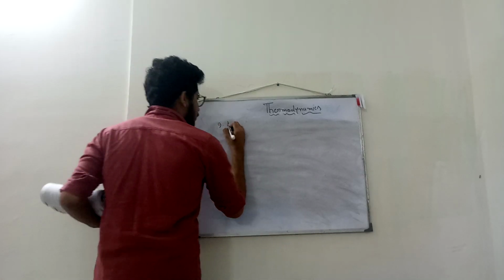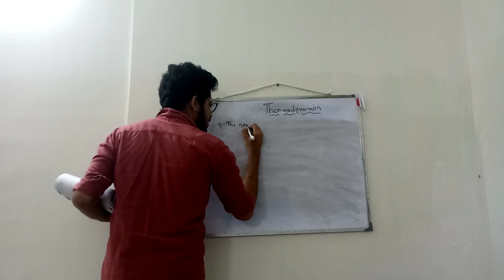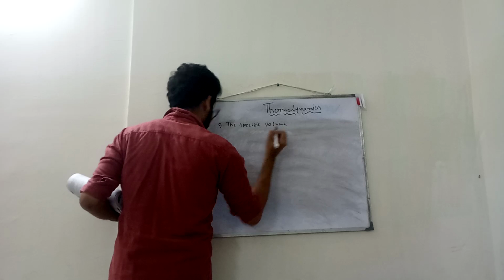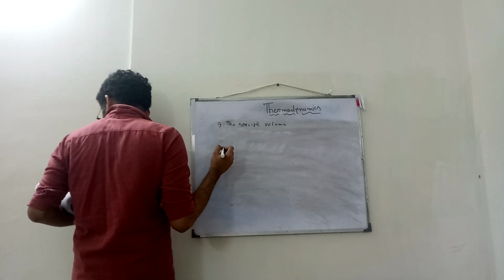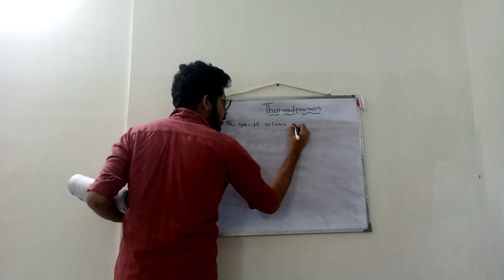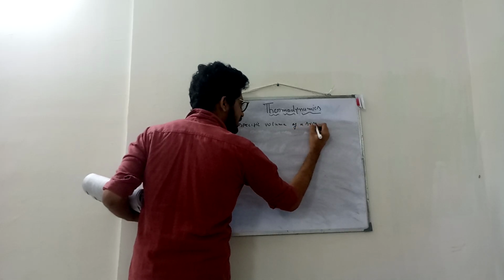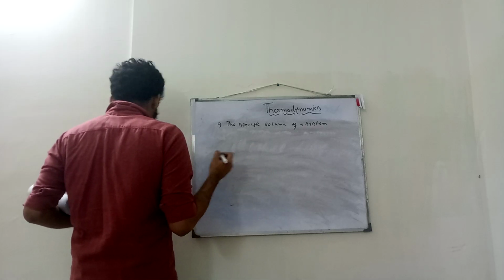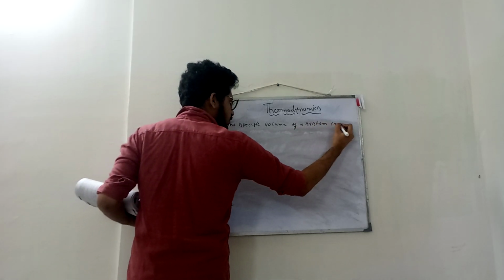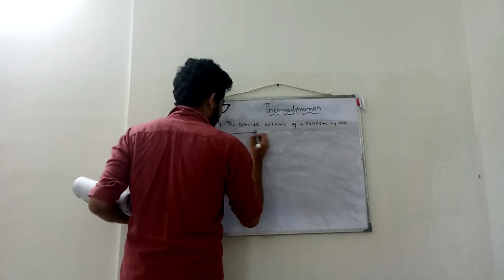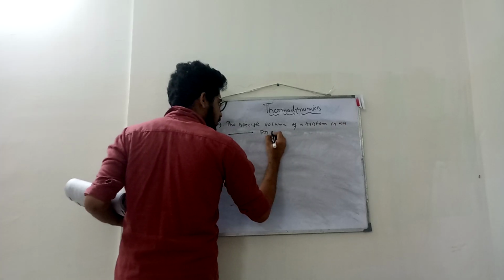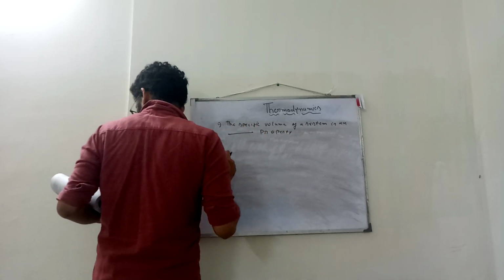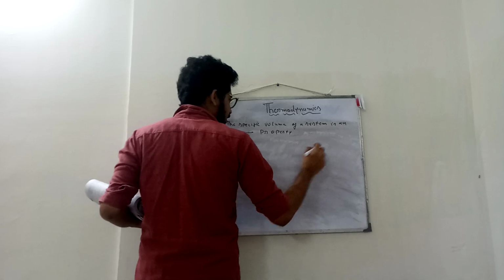The specific volume of a system is what? The specific volume of a system is dash property. Again, a fill in the blanks question.